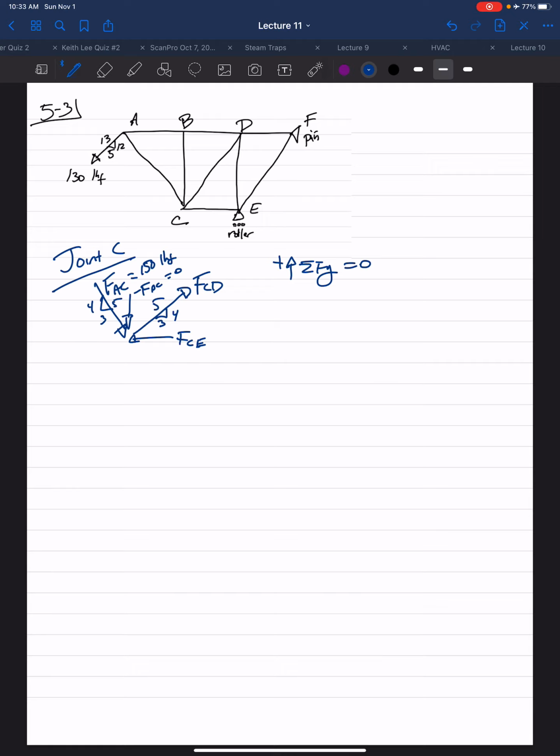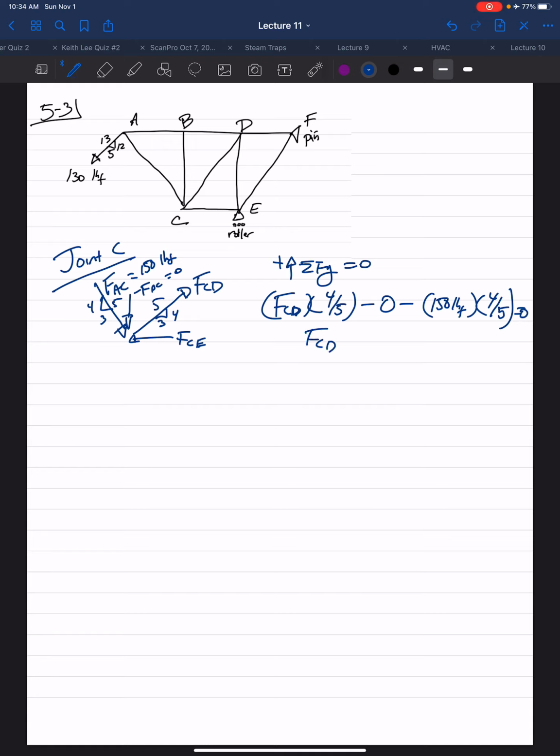So we have our FCD times the 4/5 minus 0, which is FBC, minus FAC, which we know already now as 150-pound force, times 4/5 equals 0.